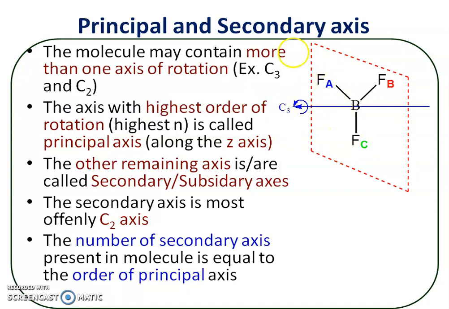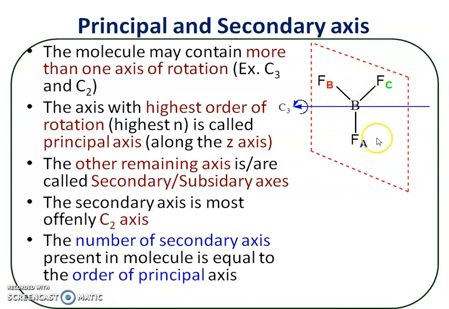Why a C3 axis? Because when this molecule is rotated through 120 degree, we get an equivalent structure. For example, initially A was here, so it is shifted to the right side. Again, if we rotate the molecule through 120 degree, now this A will come here like this.